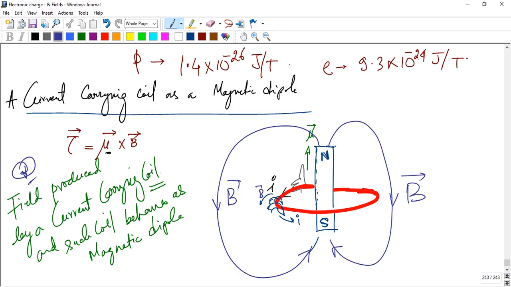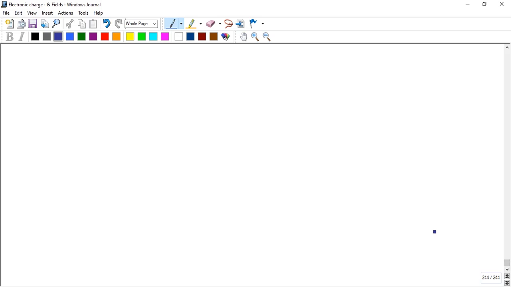Now we calculate the magnetic field of a coil. There is a current carrying coil, which looks like this.